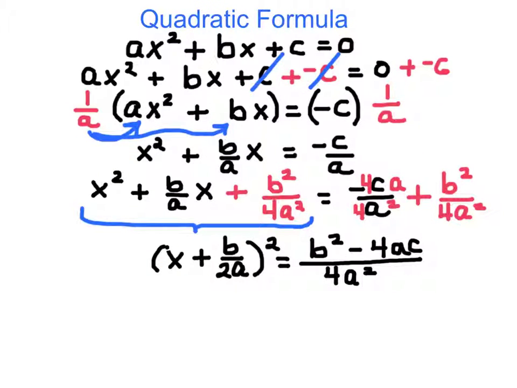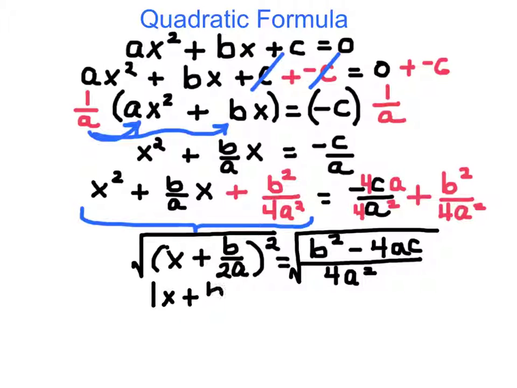I'm still trying to find x, and you'll notice that I only have one x here, so it's getting better. Let's take the square root of both sides, the square root of the left and the square root of the right. When I take the square root of the left, I end up with the absolute value of x plus b over 2a.